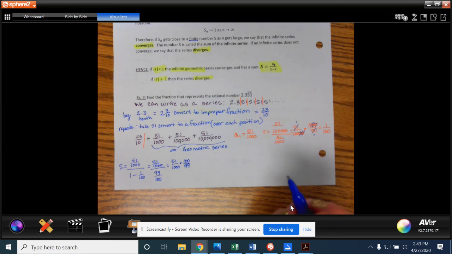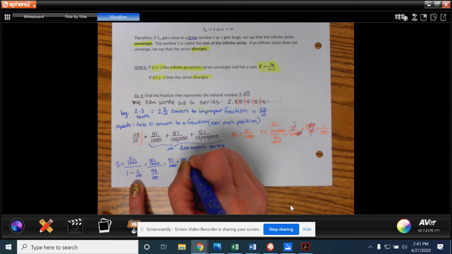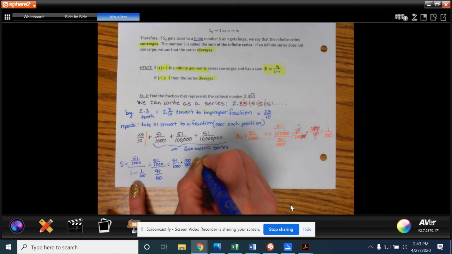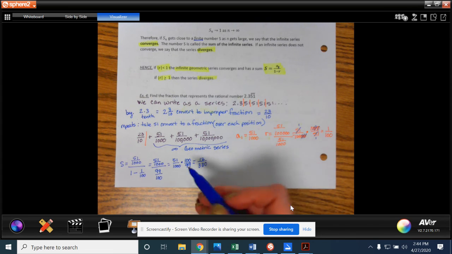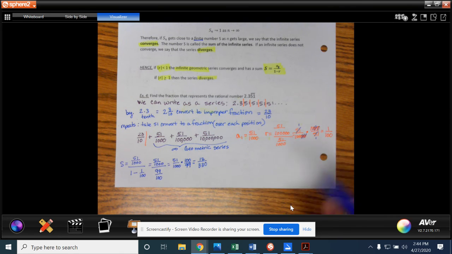Reduce as much as you want. And I have it all the way down to 17 over 330. Because both 51 and 99 can be reduced by 3.